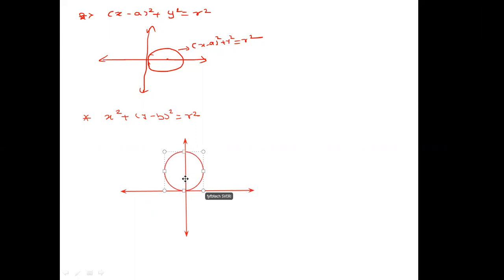Either this one or this one, or the negative y-axis. It depends upon your b value. Where the b is present, we don't know. It depends upon the b value.